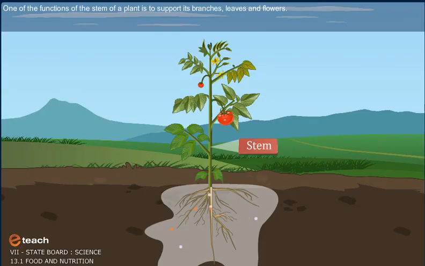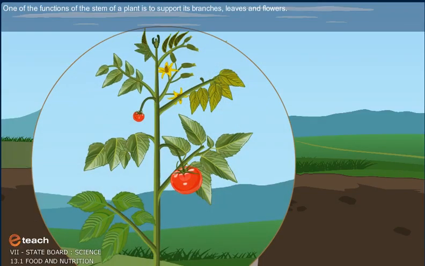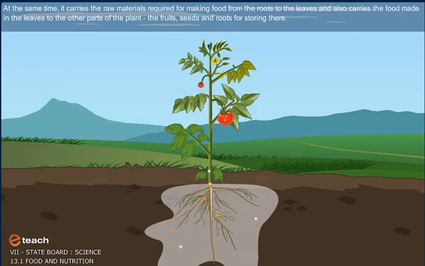One of the functions of the stem of a plant is to support its branches, leaves, and flowers. At the same time, it carries the raw materials required for making food from the roots to the leaves and also carries the food made in the leaves to the other parts of the plant, that is the fruits, seeds, and roots for storing there.